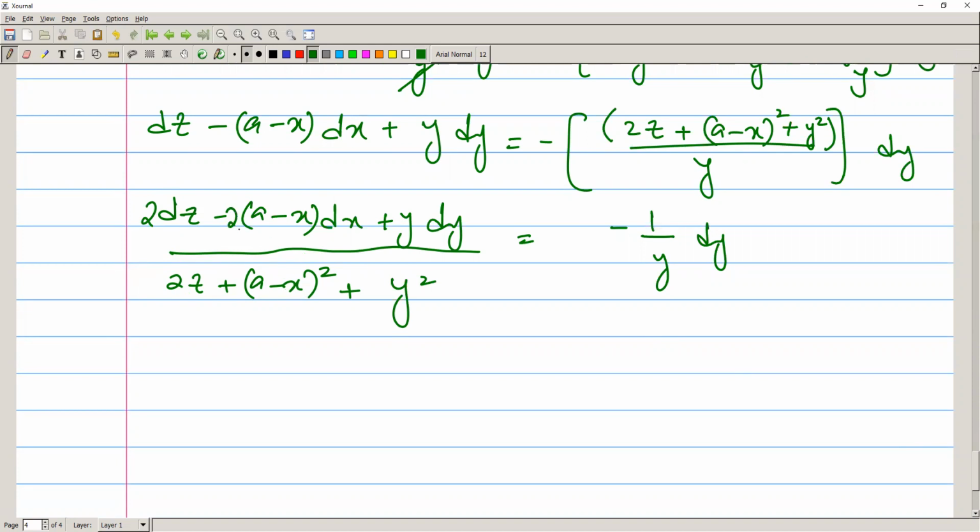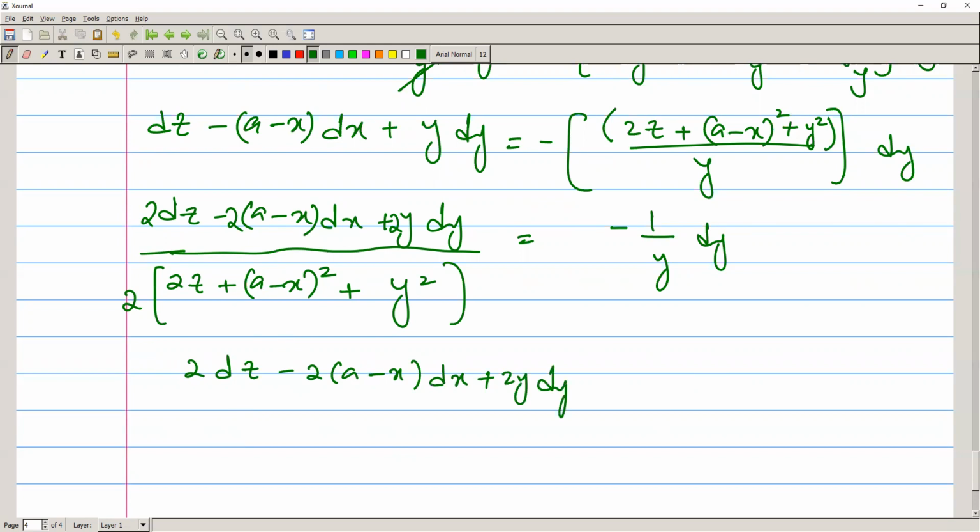So I need 2 here again, and here's y squared, the derivative of y squared is 2y, so I need 2 again. So when I multiply this equation by 2 on the numerator, I will apply it on the denominator also. So now the numerator is a perfect derivative of the denominator.